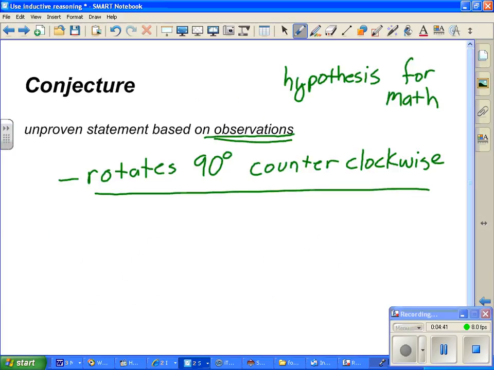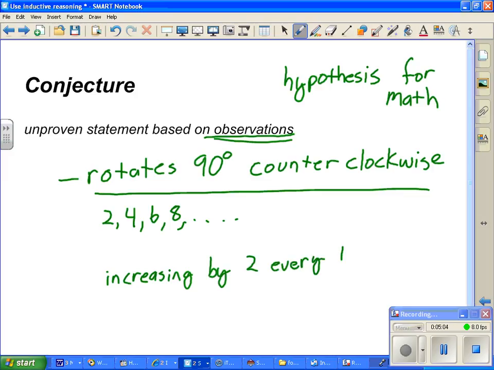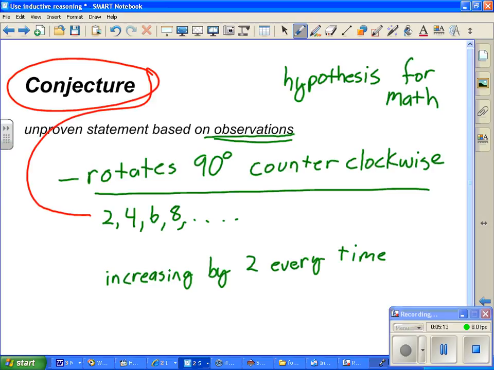Now, if I had my numbers, that first one I gave you, 2, 4, 6, 8, what's happening every time? Well, it is increasing by 2 every time. Okay, now we'll get a little more technical with this as we get into things, but that's basically what you're doing with a conjecture, is you are verbalizing what is happening.